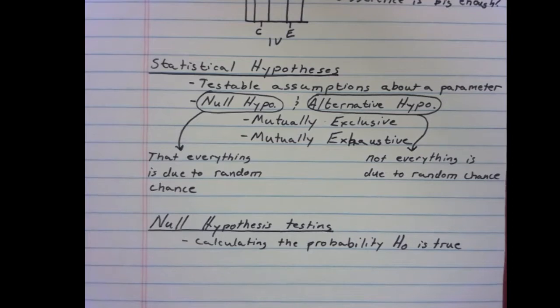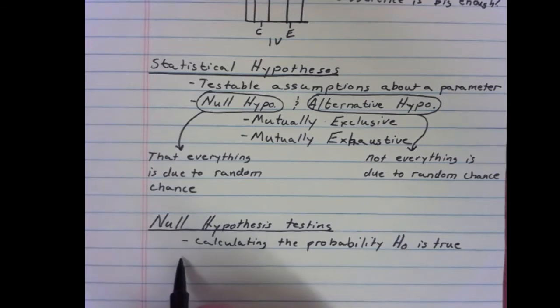It's really a lot like a court case or a criminal trial. We're assuming the null hypothesis is innocent of being false until it is proven guilty beyond a reasonable doubt. So, when you think about this, if the probability that the null hypothesis is true is sufficiently low, then we decide that the null hypothesis is not true, which means the alternative hypothesis has to be true.